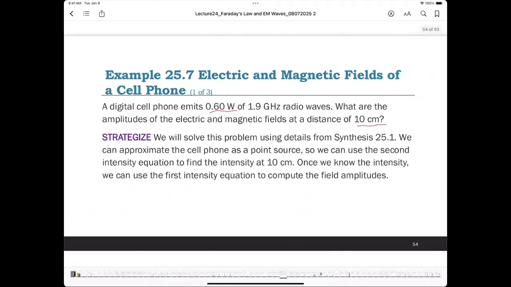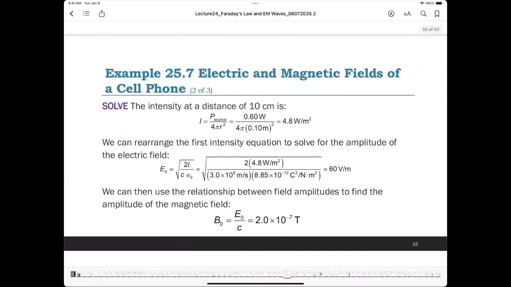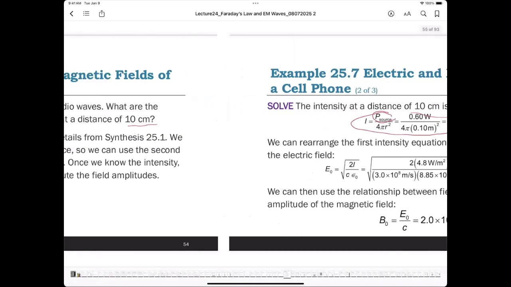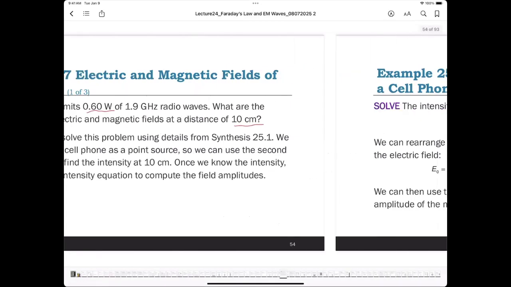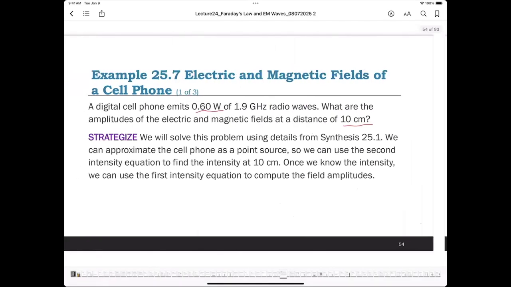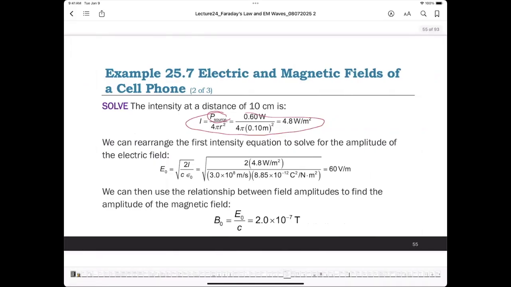Once we know the intensity, we can use the first intensity equation to compute the field amplitudes. Firstly, we use the second equation. We know the power, which the question gives us, and we know the distance, and then we can calculate the intensity. After we know the intensity, we can use this equation.